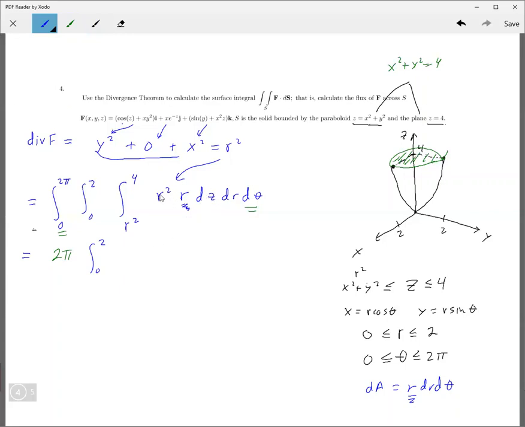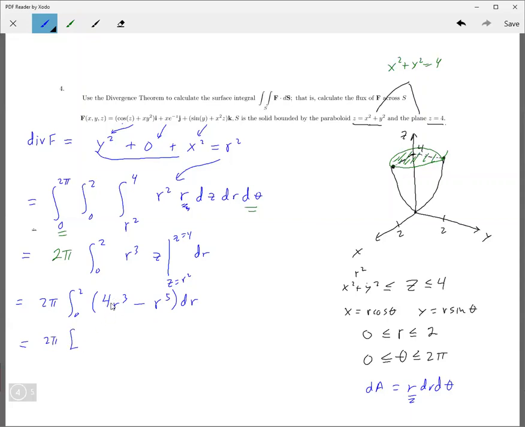If you integrate this, this is r cubed, right? So you integrate that, it's going to be z, and you go from z equals r squared to z equals 4. You put a 4 in here, you're going to get 4 r cubed. Minus, and you put r squared in, you're going to get minus r to the power 5. Exactly.